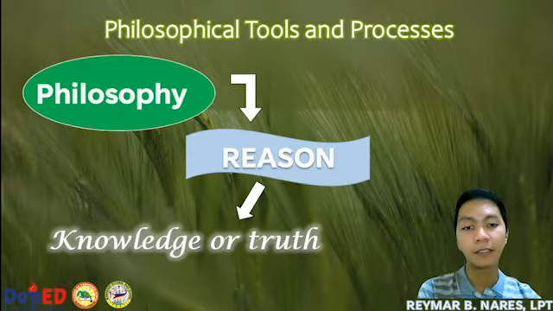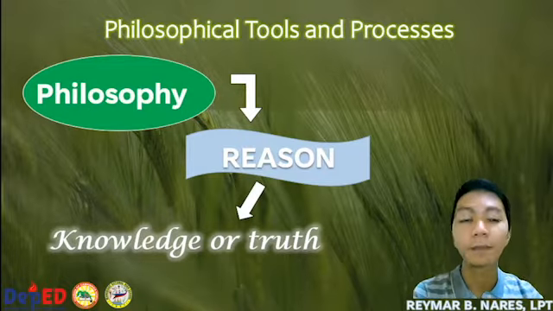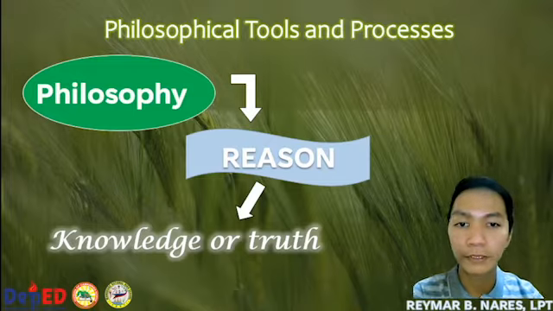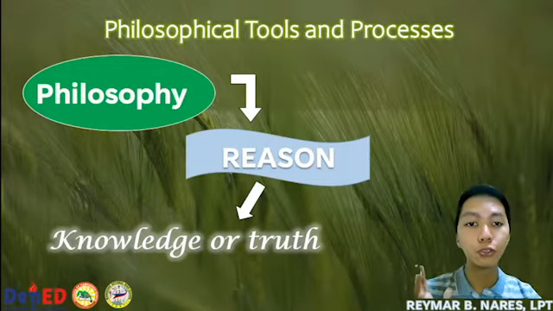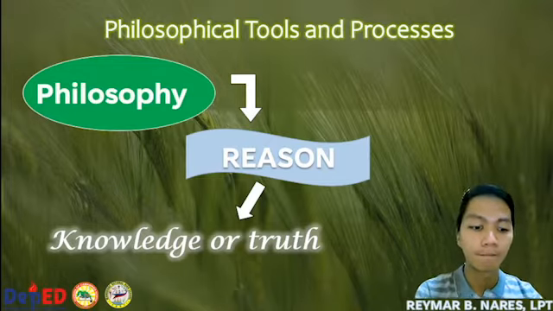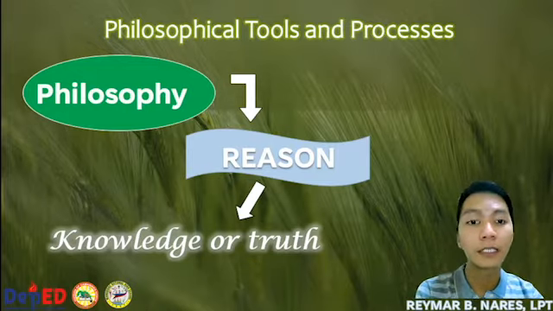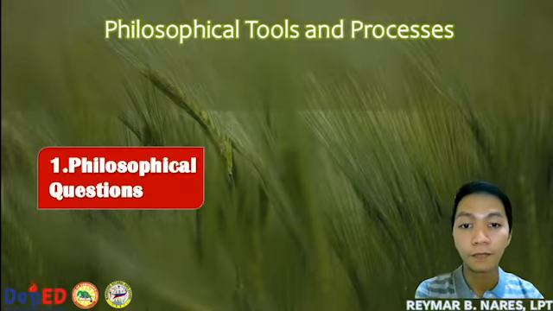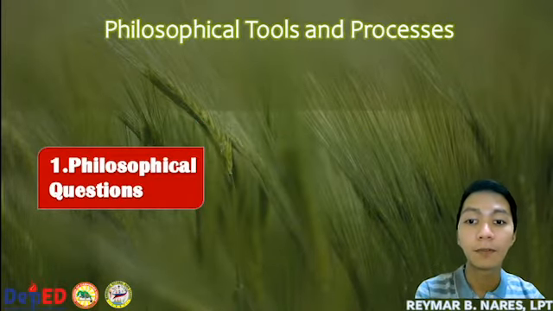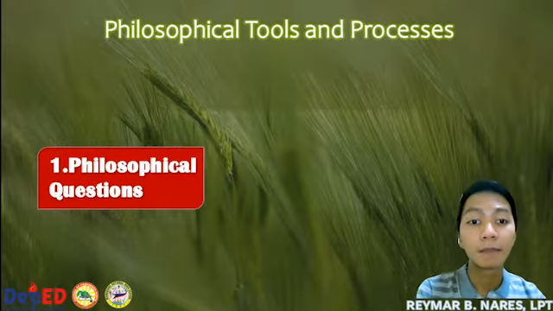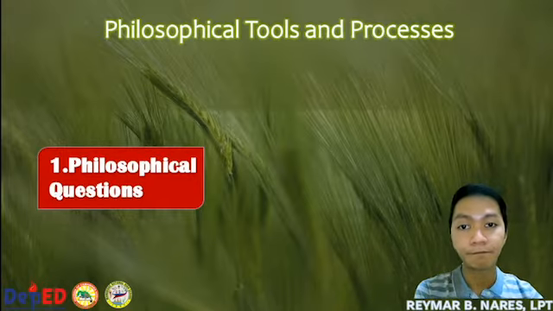At the onset, Greek philosophers gave us a hint on how to use our intellect to understand the realities around us. The tools that they frequently utilize are the following. Number one is the philosophical questions.